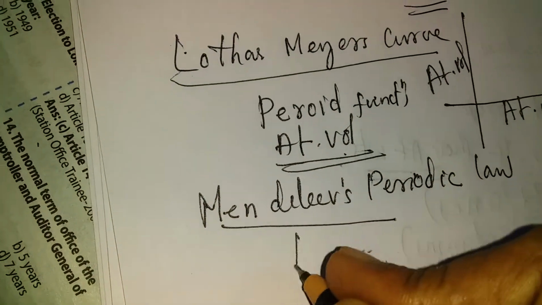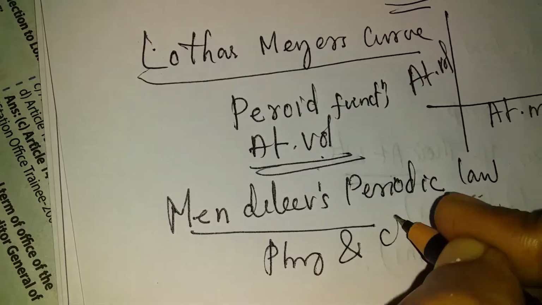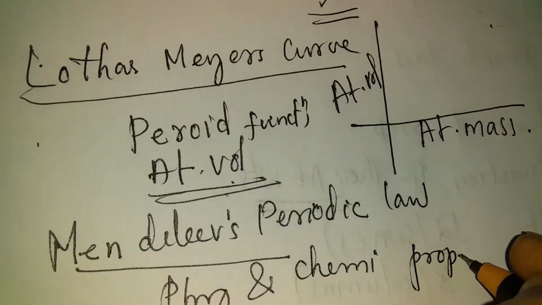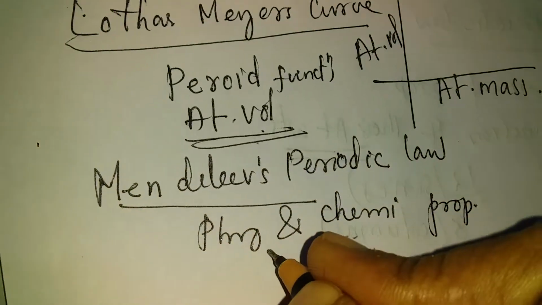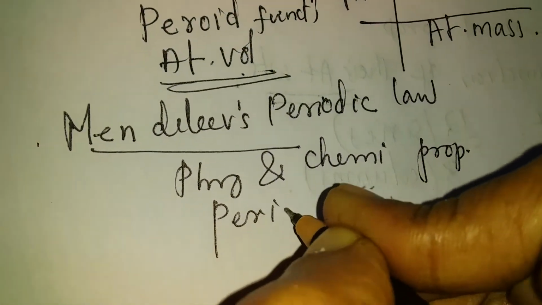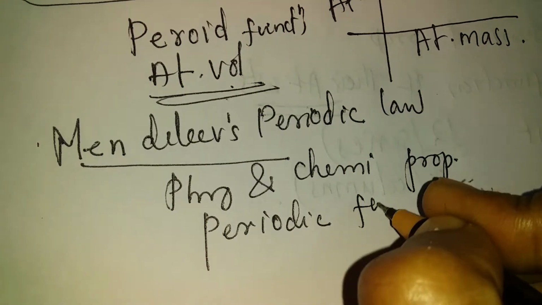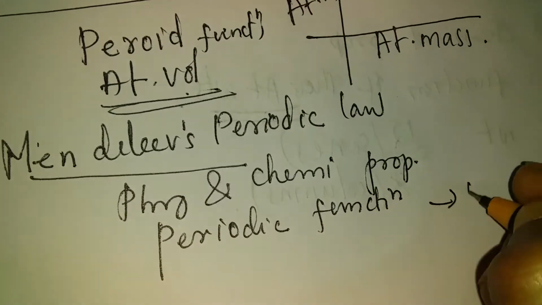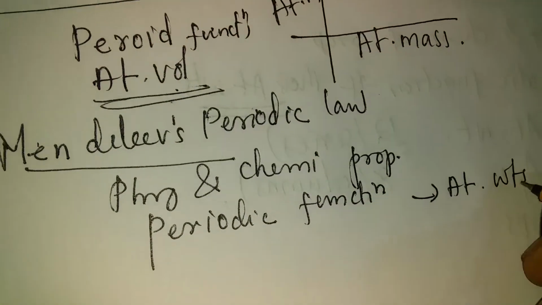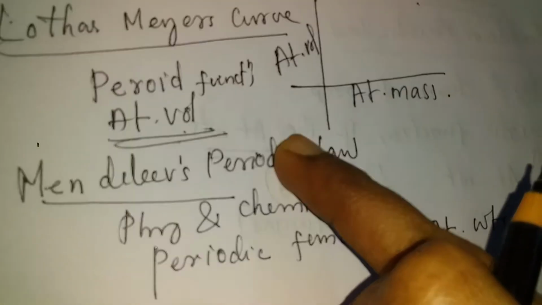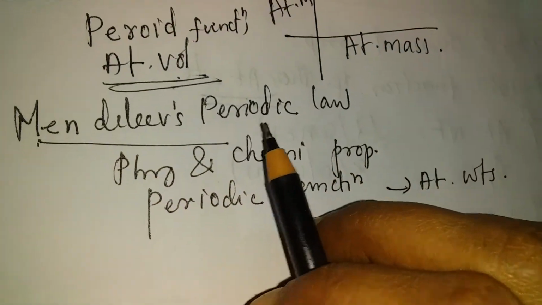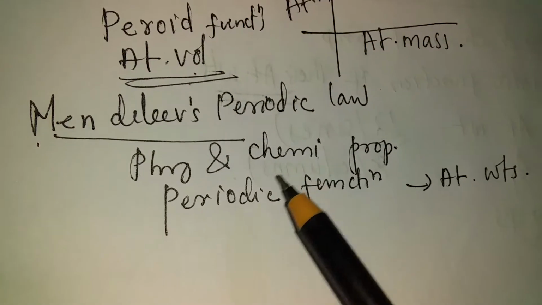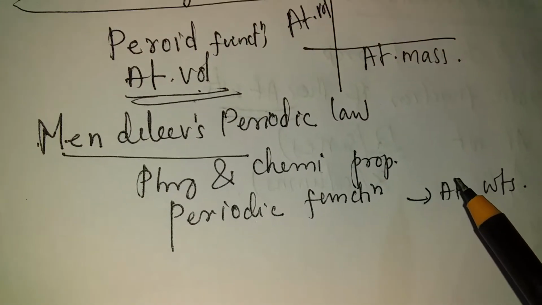According to him, the physical and chemical properties of elements are the periodic function of their atomic weights. This is what we call the periodic law, Mendeleev's periodic law.